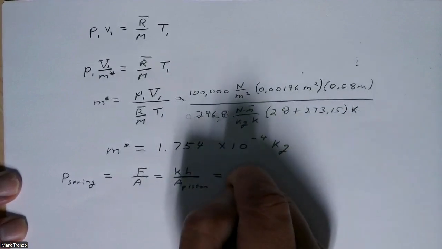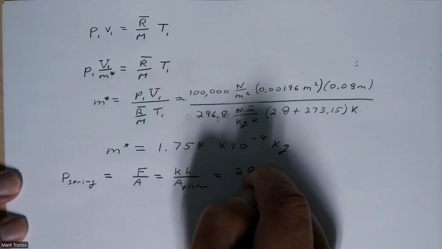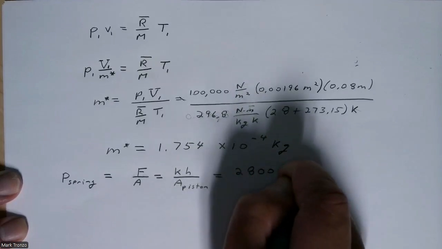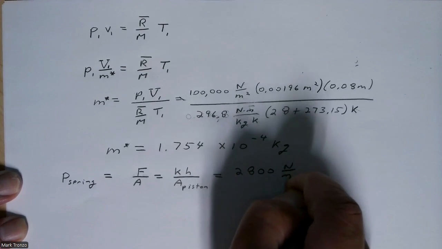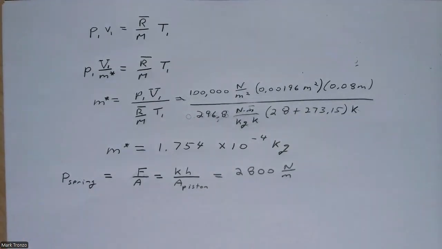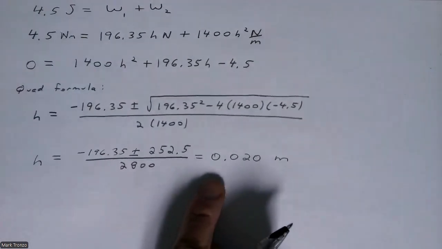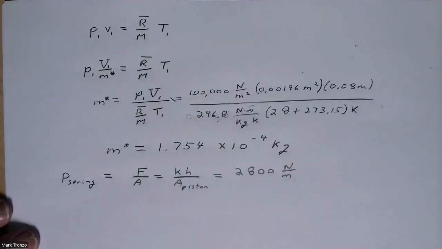And again, we said that K was 2,800 Newton per meter. And the height that we ended up compressing the spring, we just found, was 0.02 meters.